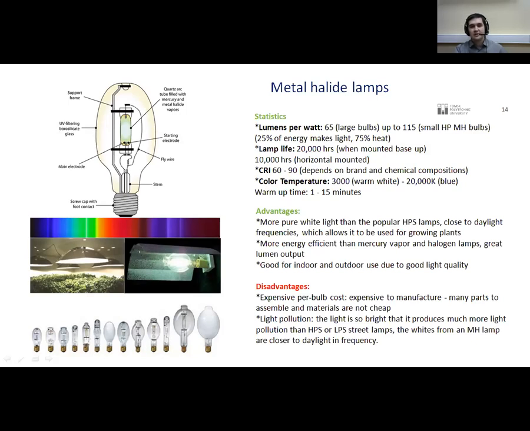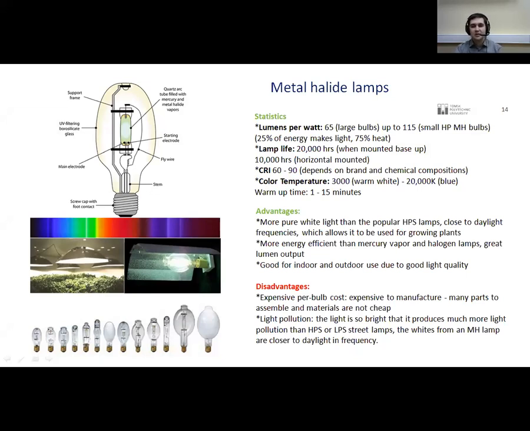Generally, iodides and sometimes bromides of these metals are chosen because they are easier to vaporize and ionize than the pure metal as such. Like other HID lamps, the same mechanism of operation is followed for electron excitation and light emission. However, the outer casing is made of ultraviolet filter quartz glass to block the ultraviolet radiation of mercury.